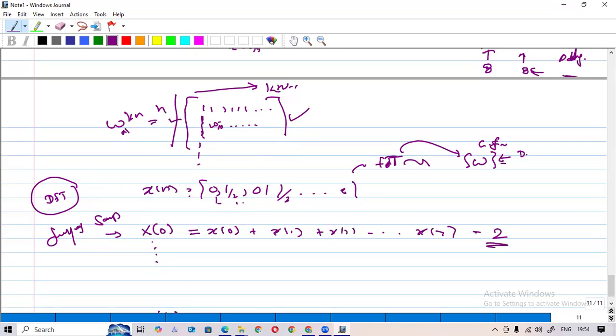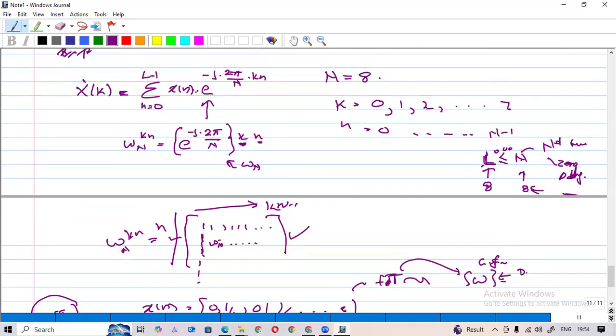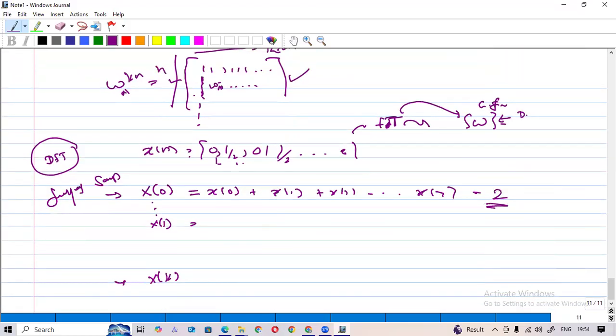In the same manner, you have to calculate x1. Now k is 1, so these e to the power terms will be there. You will have x0 e to the power minus j 2π/8, k is 1, n is 0. Then x1 e to the power minus j 2π/8, k is 1, n is 1.